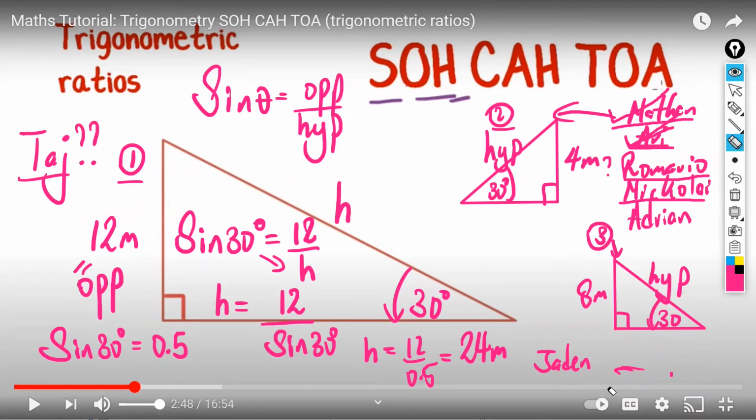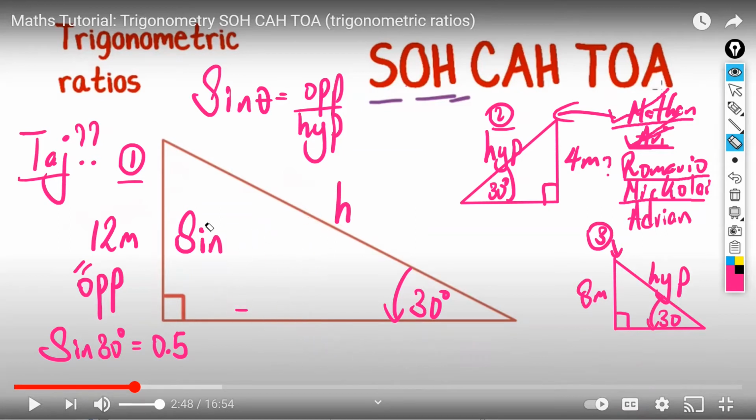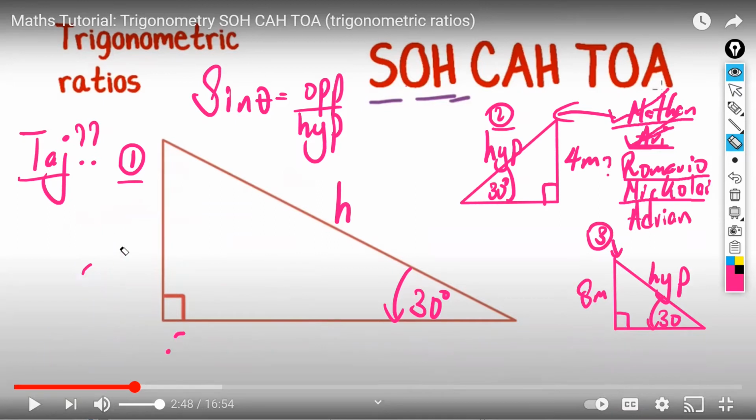So Tori, Jaden, and Deshaun, I'm going to do your example now. Yes, sir. I got 16 as well. All right. And let me just do it for you the same way. So in your case, the opposite side is 8 meters. Remember, the opposite side, guys, is always the side that looks at the angle. So that's why 8 is the opposite side, because it's looking at the angle.